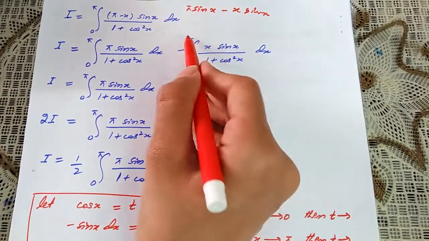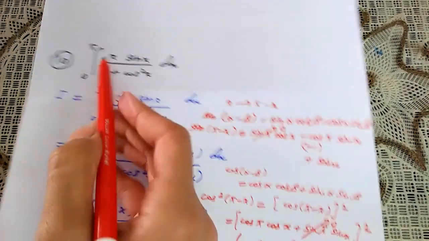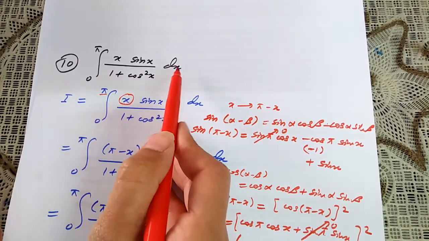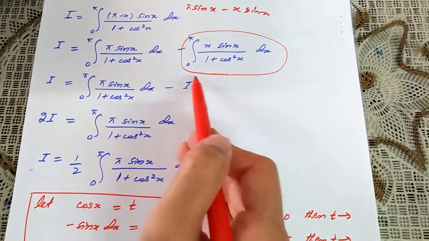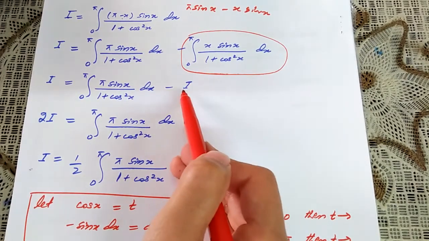If you observe, this one is the same as our question, 0 to pi x sine of x over 1 plus cos square of x dx. So it is the same thing, and I am just replacing it with the name I.